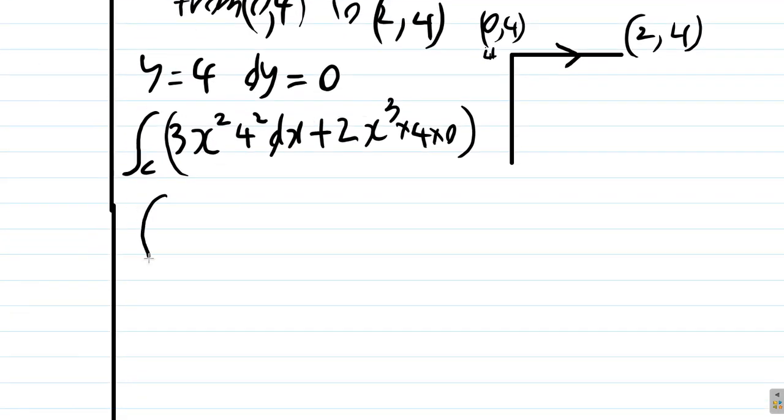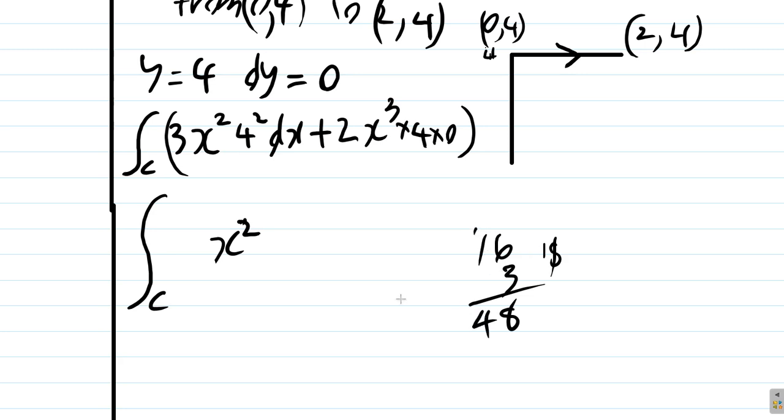So what you have is the integral of 3x squared times 4 squared. 4 squared is 16, and 16 times 3 is 48.